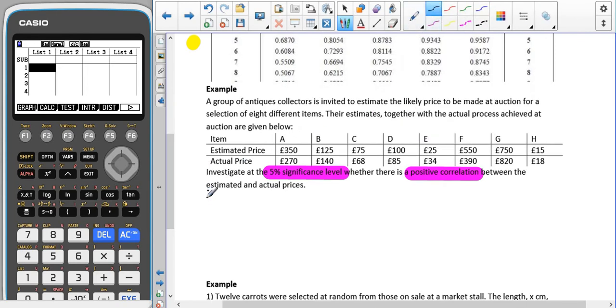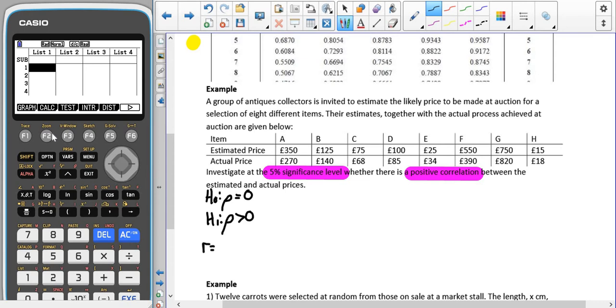So, as I just said, our H0, our null hypothesis, is going to be saying that there's no correlation, so rho equals 0. And our H1, because we're looking at positive correlation, so if we had a positive r value, we'd be expecting it to be greater than 0. So then we actually have to calculate what our r value is.